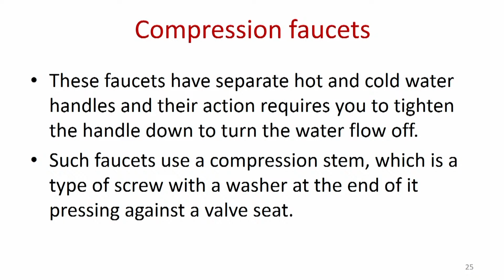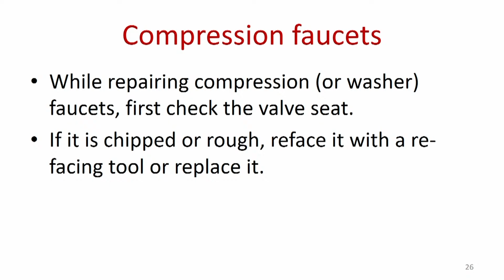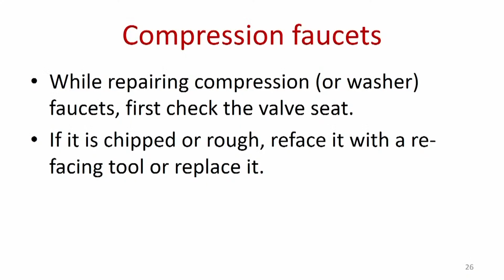Some faucets use a compression stem, which is a type of screw with a washer at the end, and that will close or open the water. That means it will allow water to flow or stop the water flow. When you repair a compression faucet, first check the washer or the valve seat.